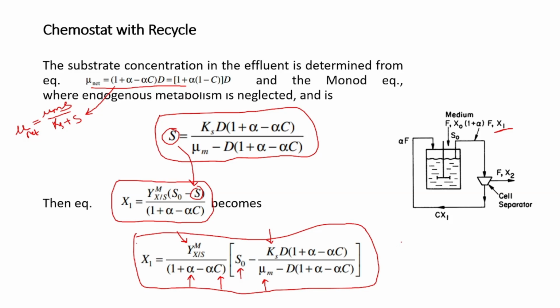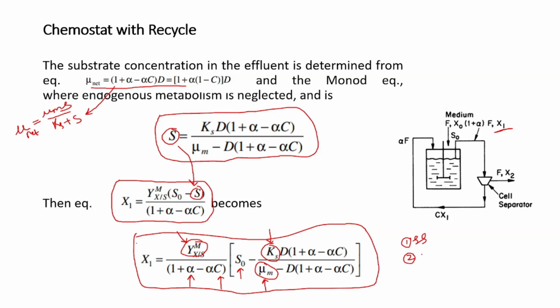But here we need to take care that we are assuming many things. One is we are assuming steady state, for both the biomass and the substrate. Another thing is we are assuming that in the case of biomass there is no consumption of biomass, and in the case of substrate there is no generation of substrate.